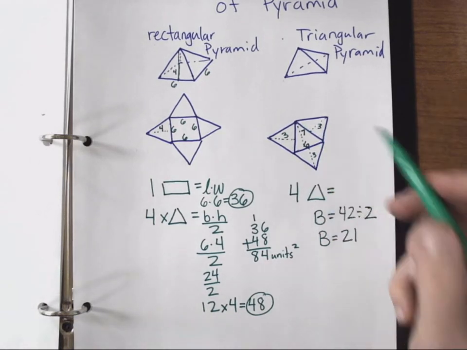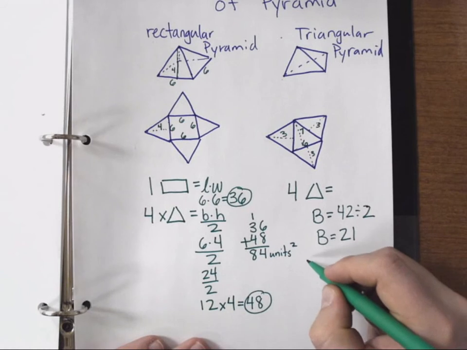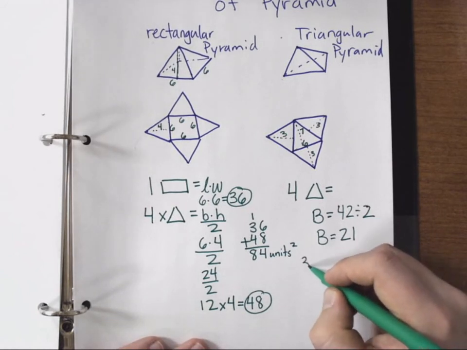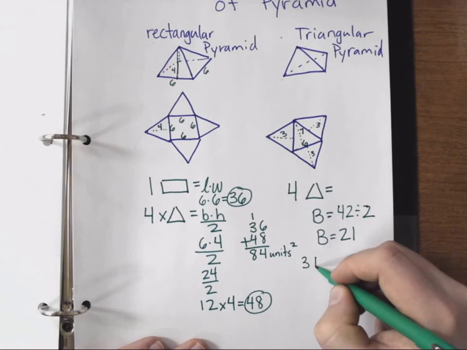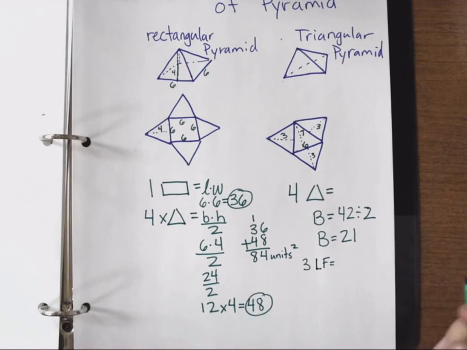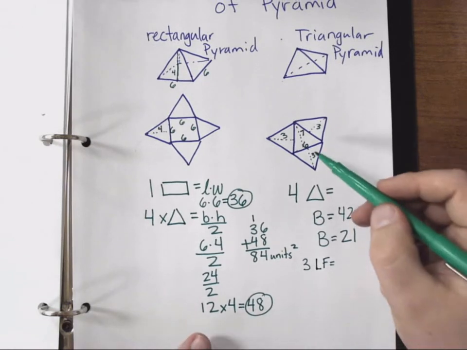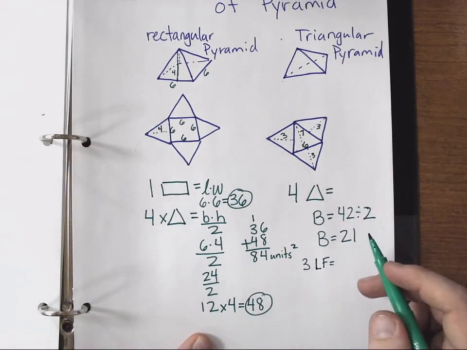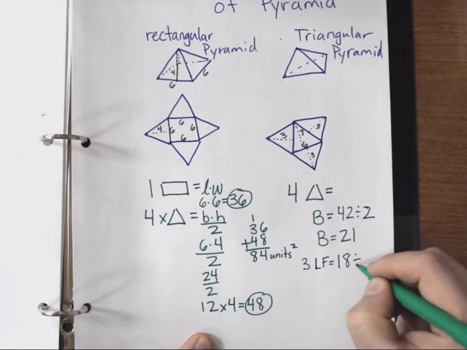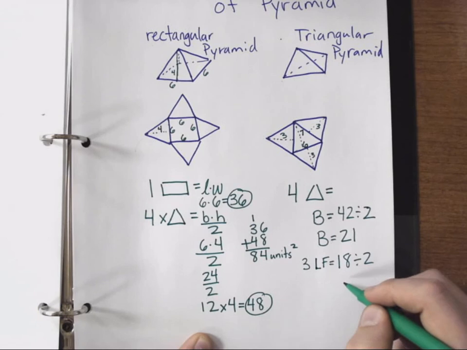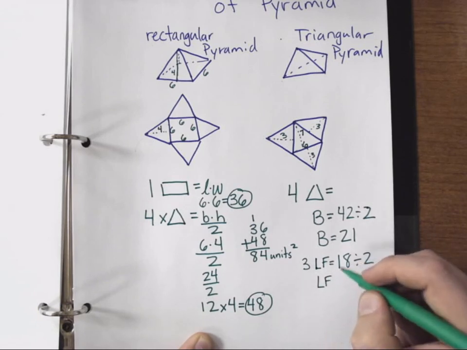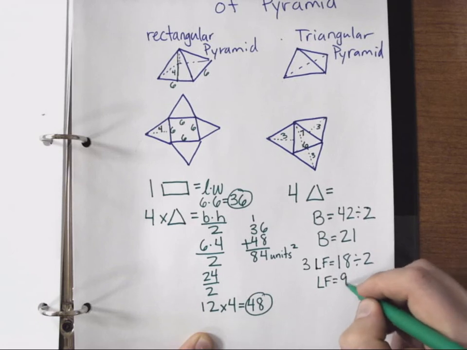And then I need my 3 lateral faces. Let's just call those LF, my 3 lateral faces. My base is 6, my height is 3. So 6 times 3 is 18 divided by 2. So my lateral faces each equal 9.